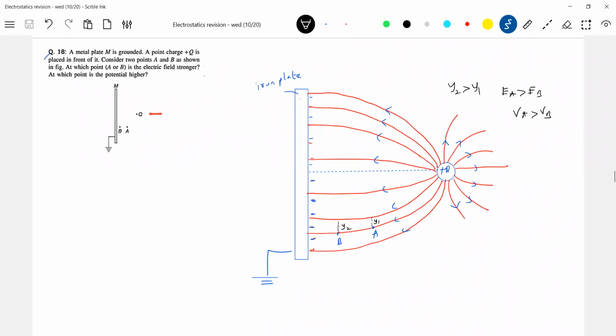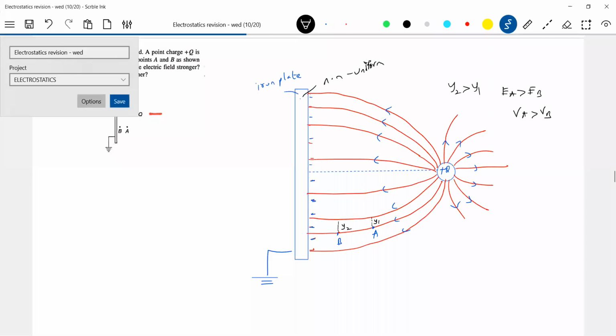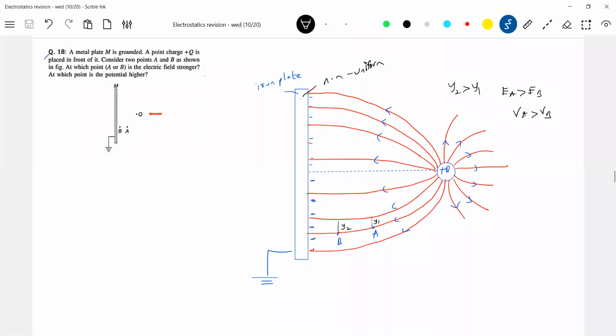It will be non-uniform. So mathematics will not help. Instead, the lines of force you draw will help us to analyze. Positive charge will flow to the earth. Only the negative charge you have to show on the plate.